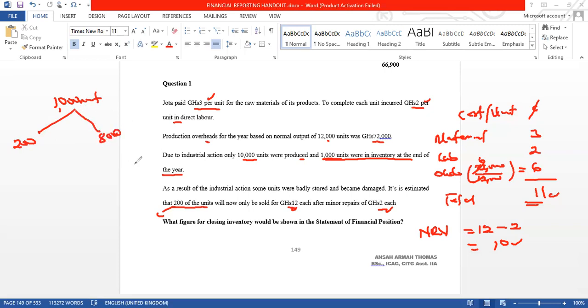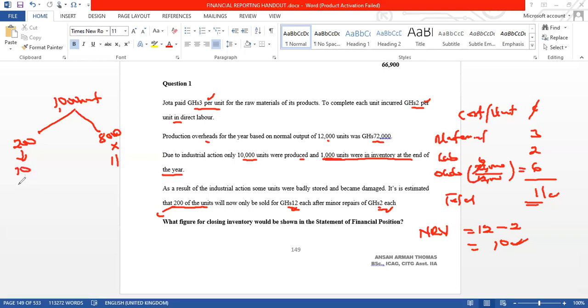As for the 800, we are good to go. It's actually 11 cedis, nothing is wrong. But this one, you realize that they gave us a story around it. That particular one has a net realizable value of 10 against 11. Which one are we going to use? Remember the law of cost. We are now going to apply.